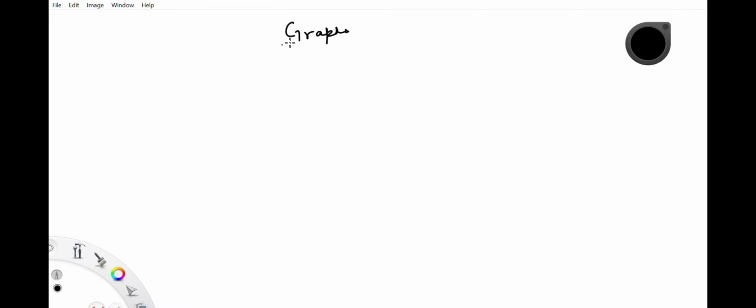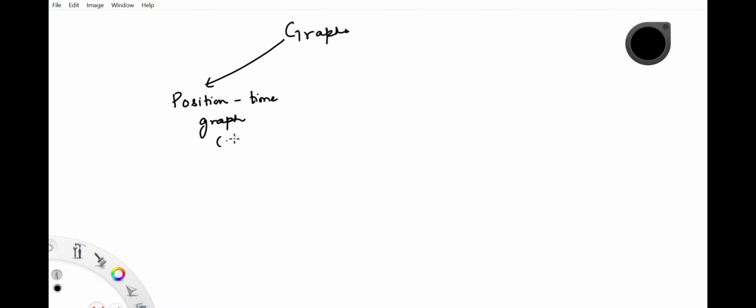If we talk about graphs, in the context of this chapter, we'll be learning about position time graphs. Position time graphs basically refer to distance versus time graph or displacement versus time graph. But in general, you can use the word position.